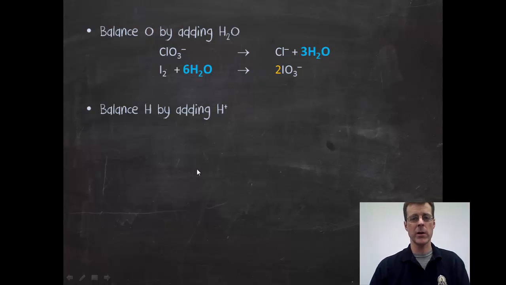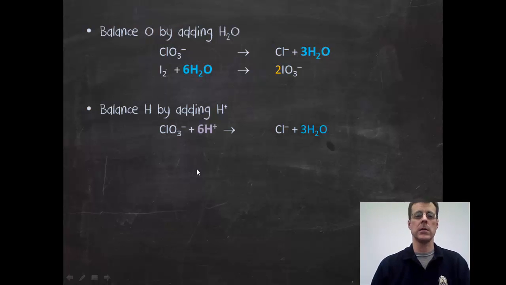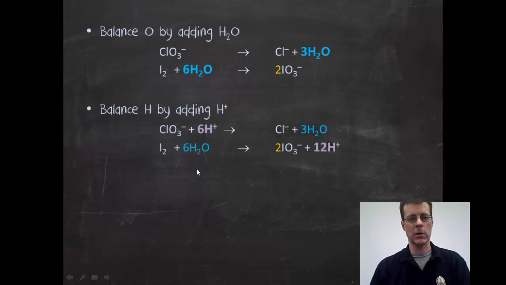Now when I was fixing up oxygen, I brought in all kinds of hydrogen that weren't there in the first place. So I'm going to balance hydrogen now by adding H+. In the first reaction, which had a total of 6 hydrogens on the right, I need 6 on the left, so I add 6 H+. Same thing with the other one: I had 12 hydrogens on the left, so I'm going to need 12 on the right.